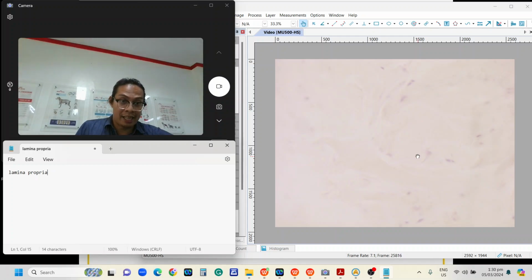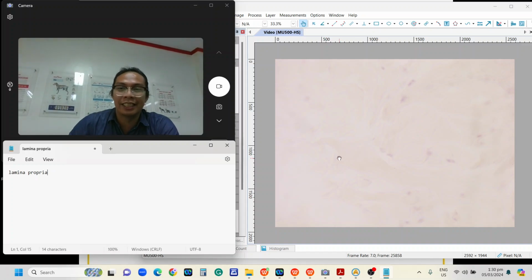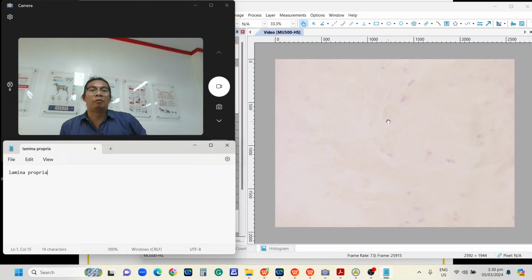Okay? Again, they would stain light kasi it is made up of collagen, hindi siya nag-stain masyado. Okay, again, may nakikita tayong mga fibroblasts dyan sa palmar skin. Okay, again, that is dense white fibrous connective tissue, irregular.